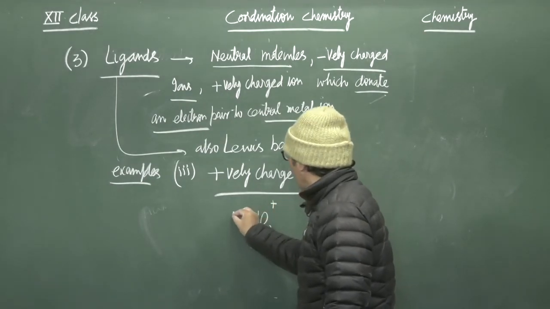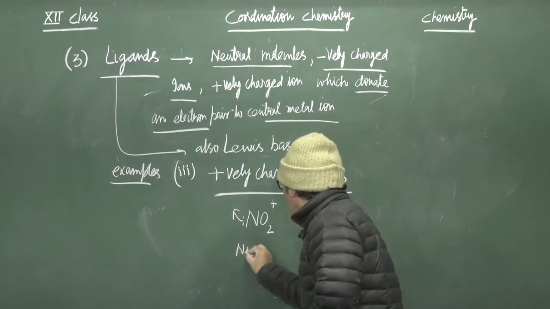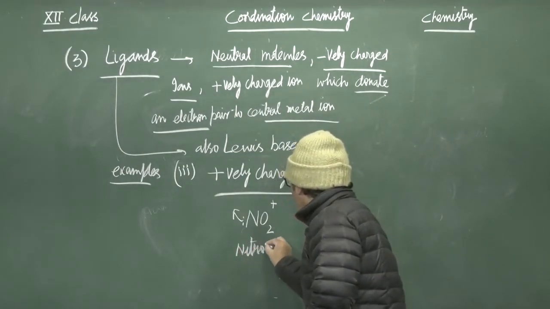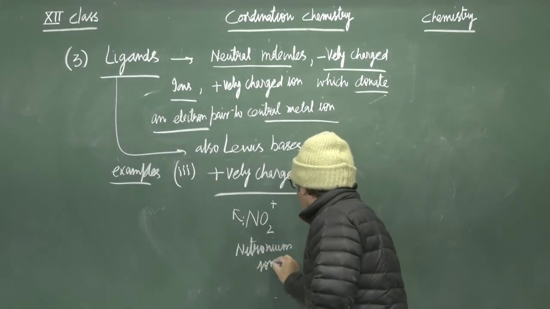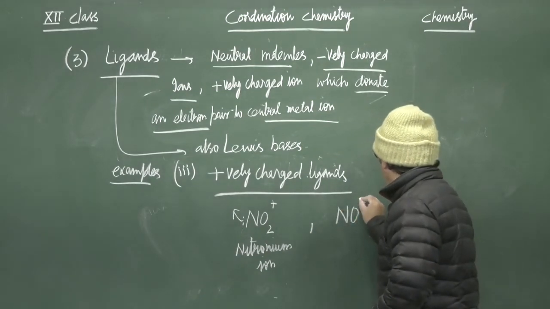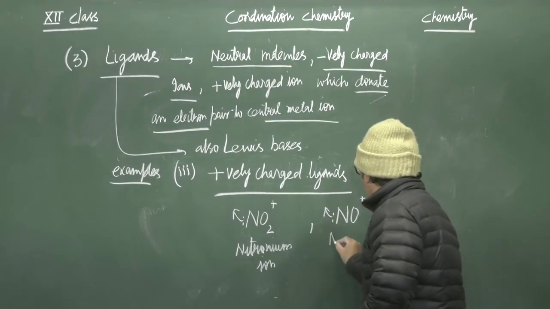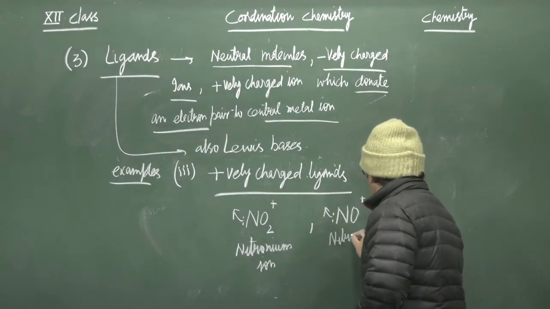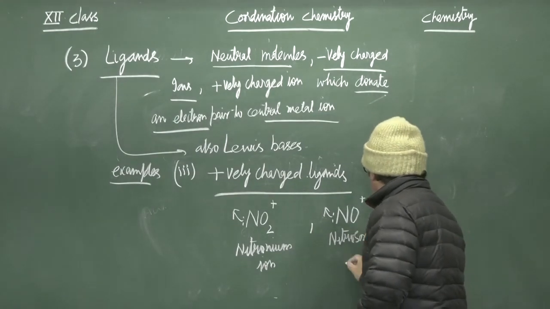Nitrogen is the donor. This is called nitronium ion. You can have NO with a net positive charge. Nitrogen is the donor. This is nitrosonium ion.